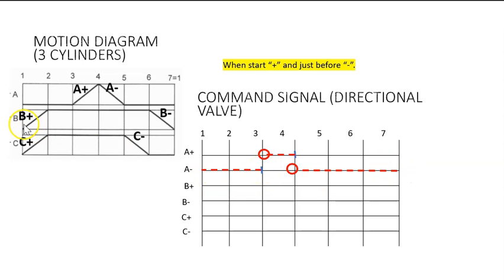For B plus, it starts at 1 and goes up to 6, and the complement B minus is here until here. C plus starts at 1 until 5, and the complement C minus is here until here.